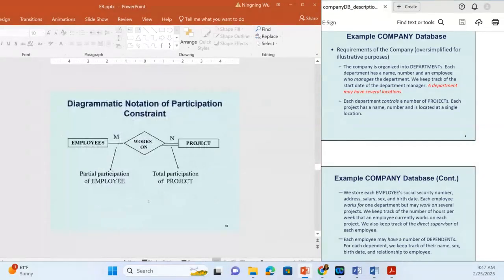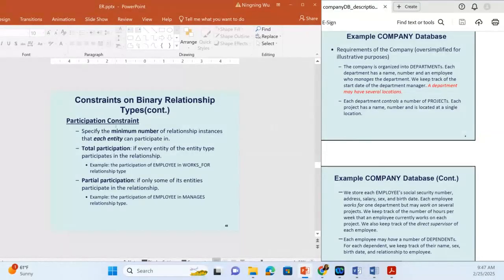So so far we have discussed both cardinality ratios and participation constraints. According to their definitions, the cardinality ratio represents the maximum number of relationship instances an entity can participate in, and the participation constraint represents the minimum number of relationship instances an entity can participate in.